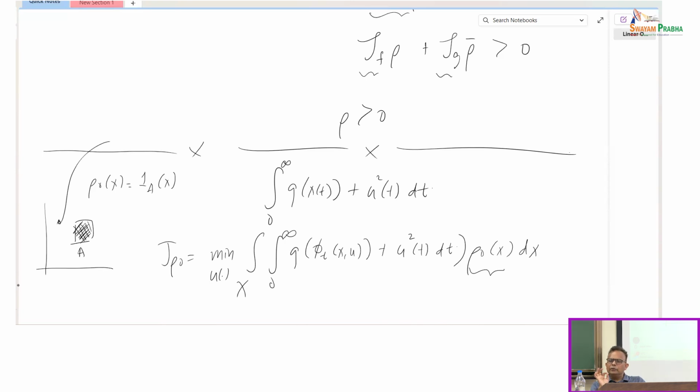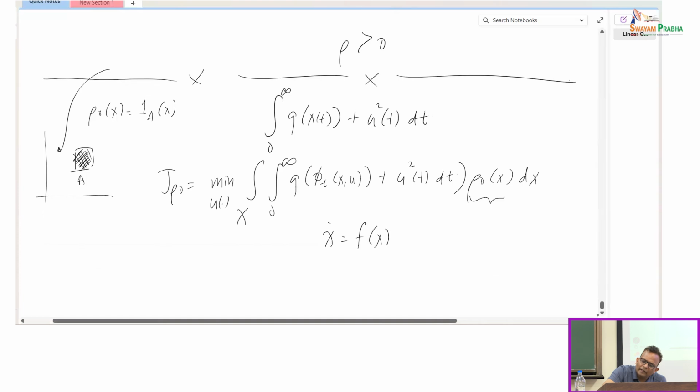An individual point doesn't have any significance. What you can only talk about is the densities, ensembles of points. And that ensemble of points information is captured in the rho 0. So now you want to minimize this cost as opposed to the old cost under the constraint of the system dynamic.